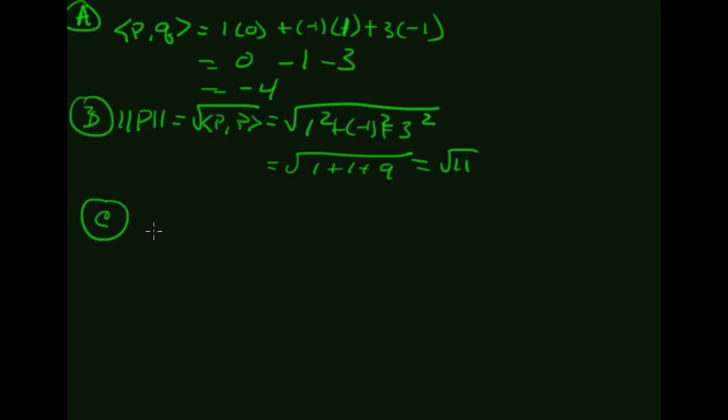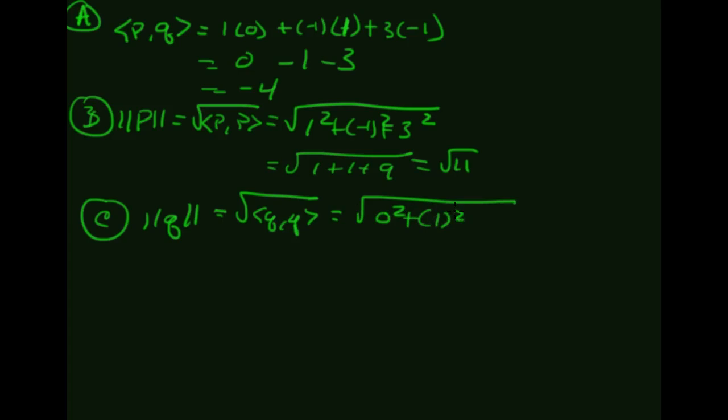Part C is, what's the magnitude of Q? So that's square root of Q times Q. So that's 0 squared plus 1 squared plus negative 1 squared, which is square root of 0 plus 1 plus 1, which is square root of 2.